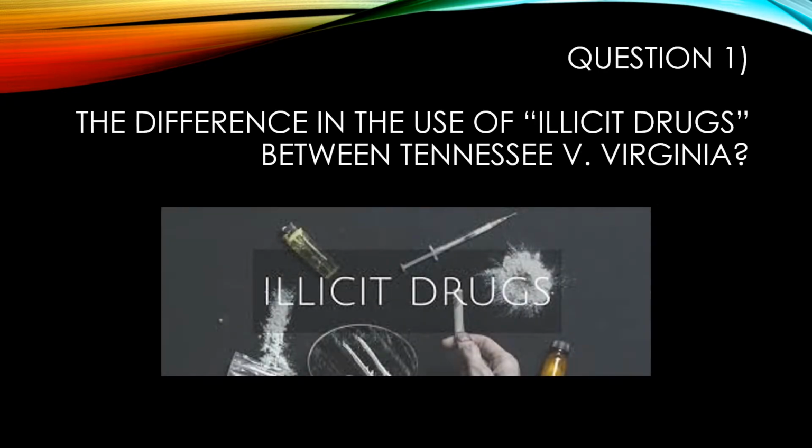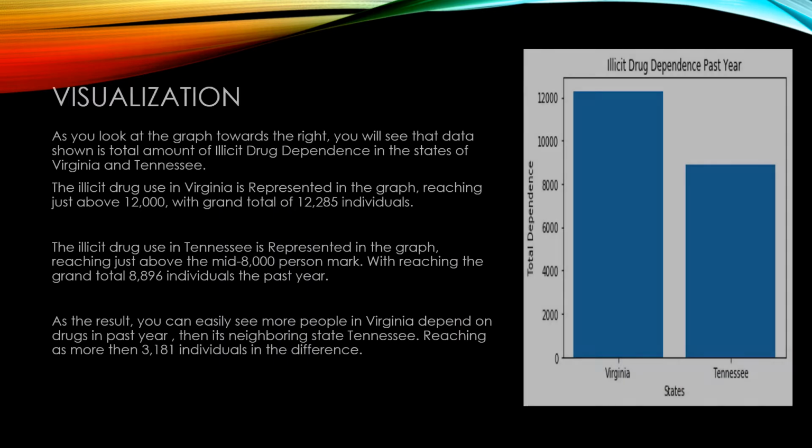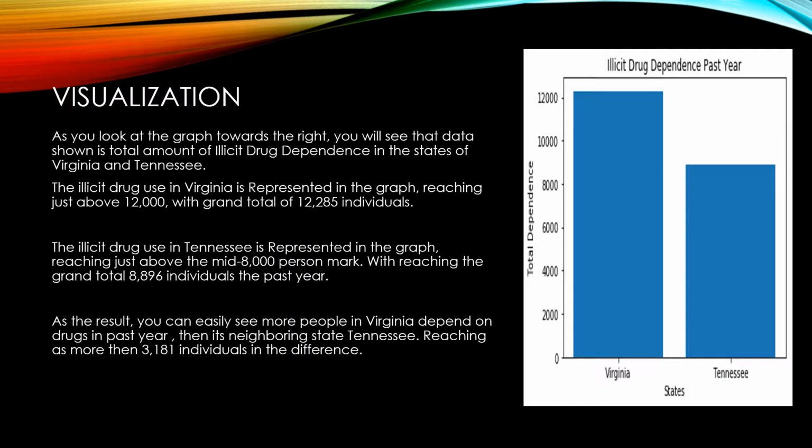Question number 1. What is the difference in the use of illicit drugs between Tennessee and Virginia? As you see in the bar graph on the right, the data shown is the total amount of illicit drug dependency in the states of Virginia and Tennessee in the past year.